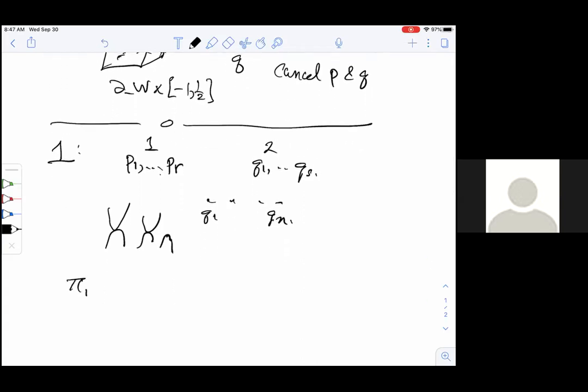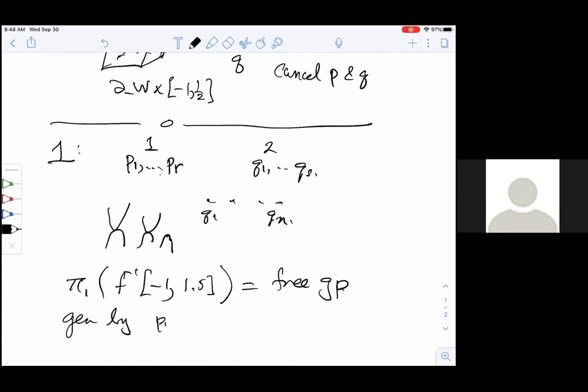So if you look at the fundamental group of the part of the manifold from -1 to 1.5, this is a free group generated by the critical points P1 to PR, or rather, you take their descending arcs and, since boundary minus of W is connected, you close those arcs up to make loops, and those loops, connected to the base point, give you free generators for the fundamental group.